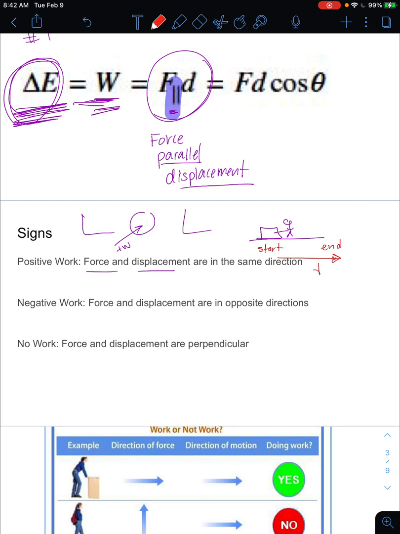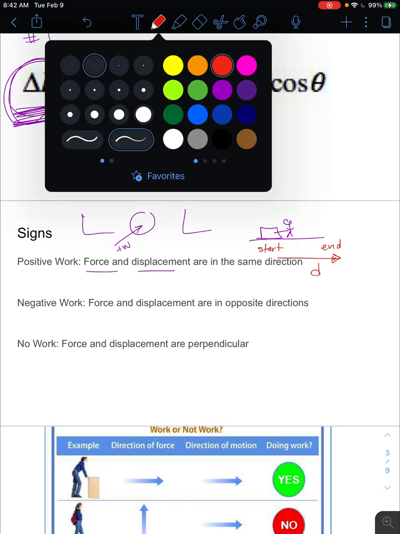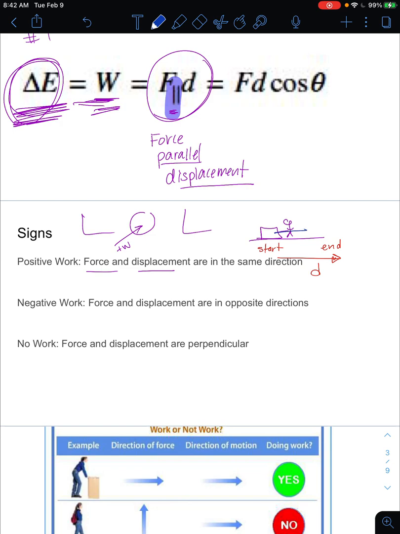Here, this right here would be our displacement. So if the force that you're applying is in the same direction as the displacement, it's going to be a positive sign attached to your work. You'll take your force times that displacement, put a positive sign on it, because your work is making the object gain energy. This work done by the person would be making this box gain kinetic energy.